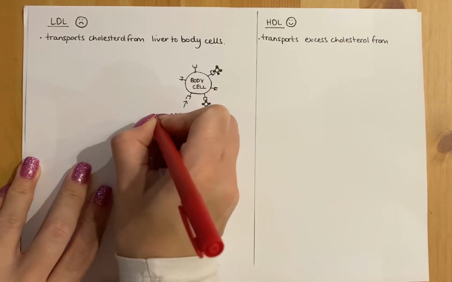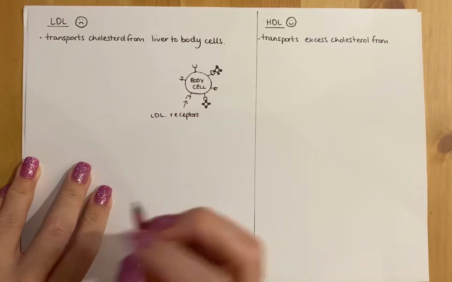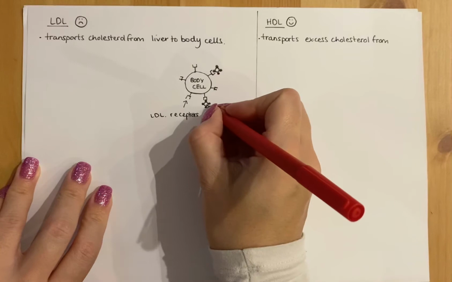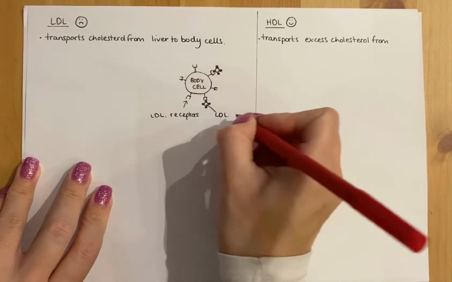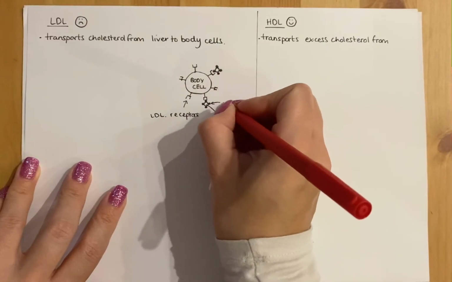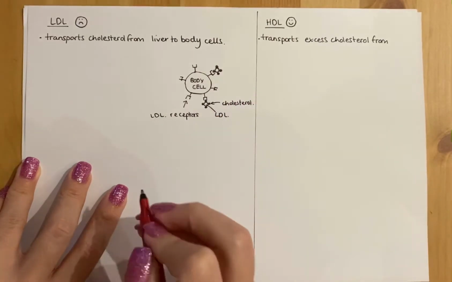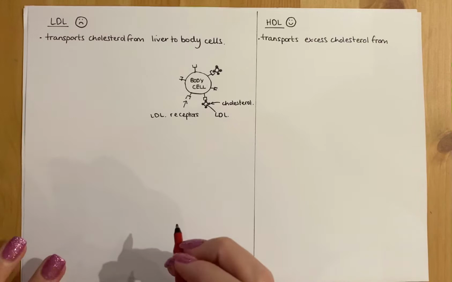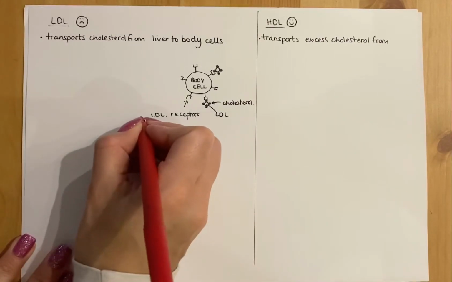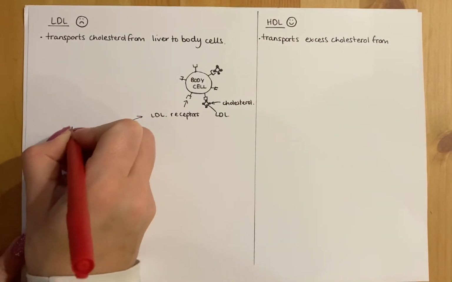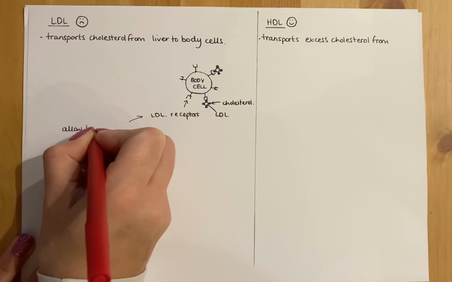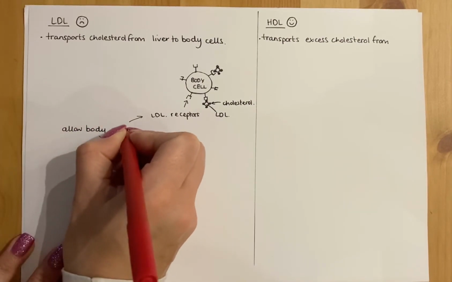And specifically those are LDL receptors. This little diagram here is showing an LDL molecule with cholesterol attached to it. Now, these LDL receptors allow the body cell to take in the LDL and the cholesterol.